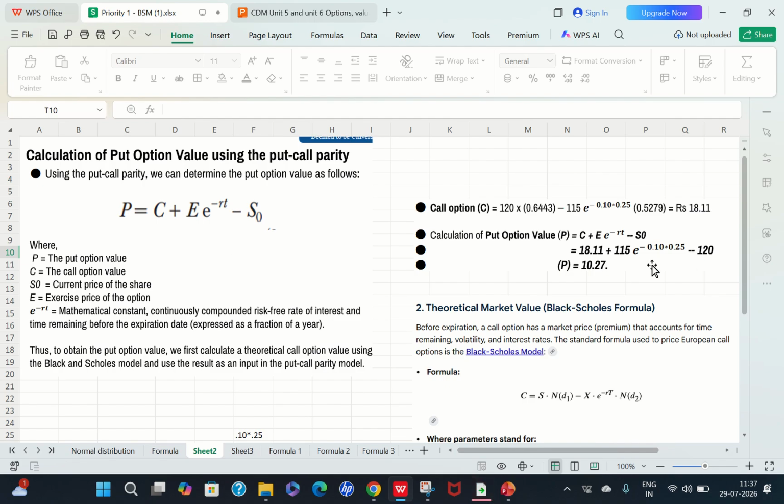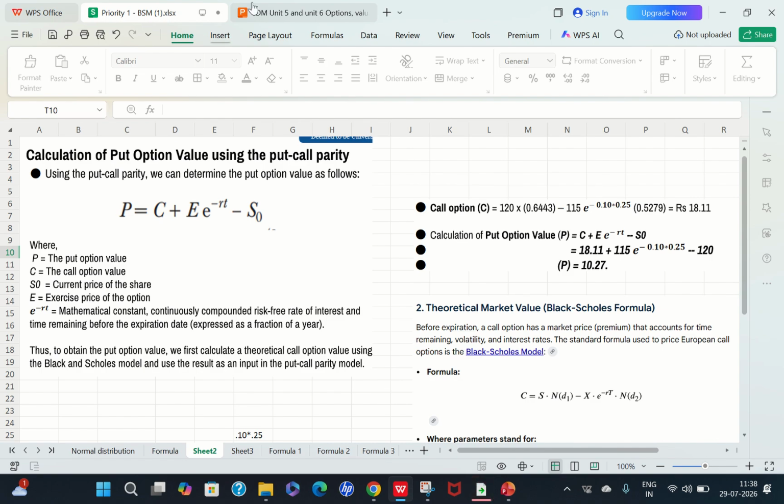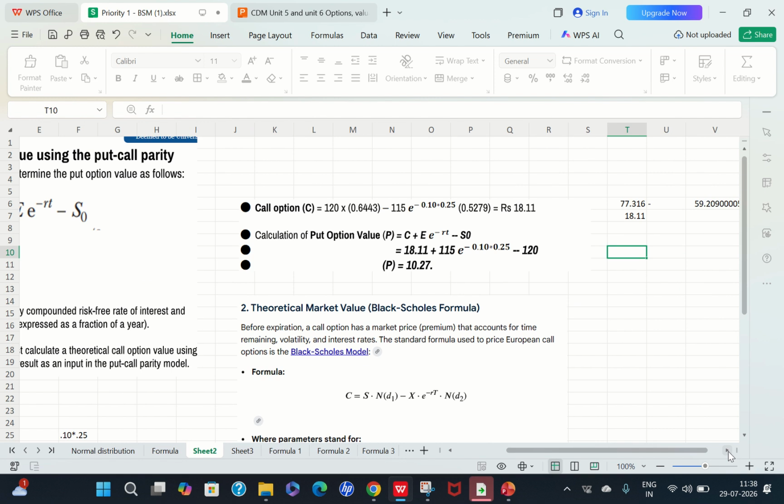In terms of substituting these numbers, we already have the call option value plus E, which stands for exercise price, into e to the power of minus RT. Already we have that number in hand, 0.9753. On substituting it, we will get a value of 10.27. Let us do the calculations.